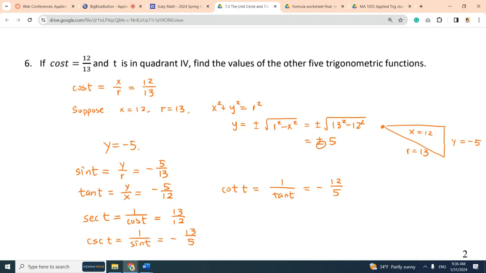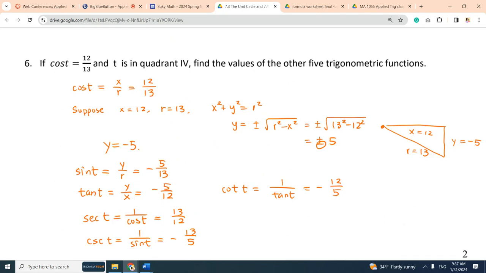Because we're in quadrant 4, the y is negative, so we pick the negative. So y is negative 5. Then, what is sine? Y over r, negative 5 over 13. Once you get x, y, r, you can find all the trig functions.